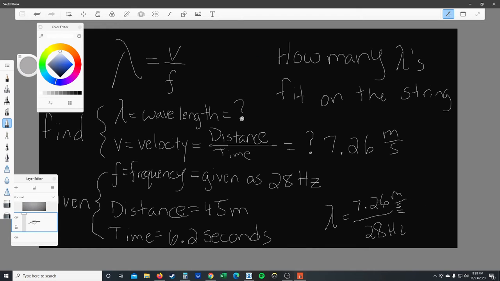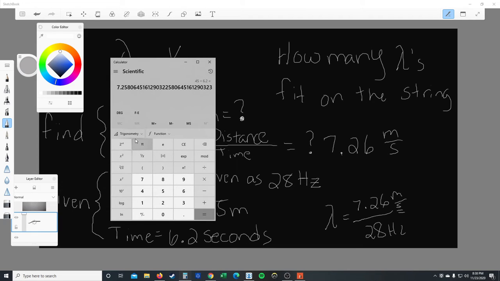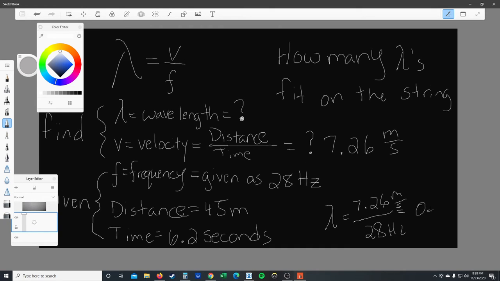So then your wavelength would be 7.26 divided by 28. So again, we can take that divided by 28, and we get 0.26 after rounding. So 0.26 meters. That's the wavelength.